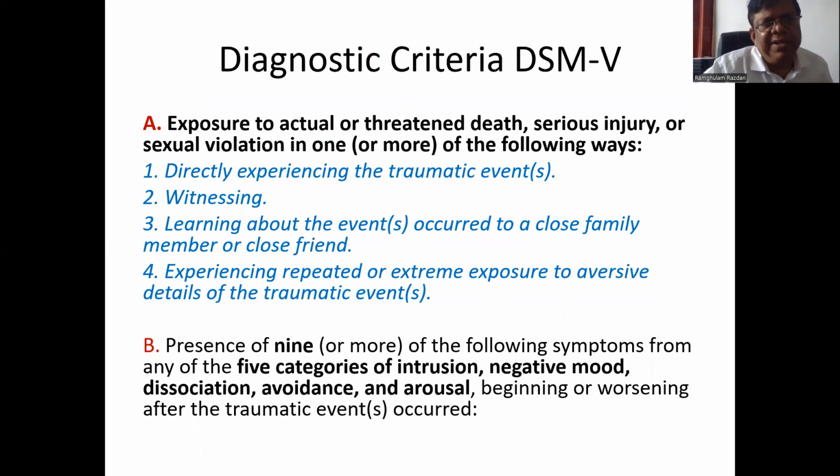First is A, the exposure to actual or threatened death, serious injury or sexual violence in one or more of the following: directly experiencing the trauma, witnessing, learning about the event occurring to close family members or some other close person. This experience reported, extreme reported prognosis is poor.